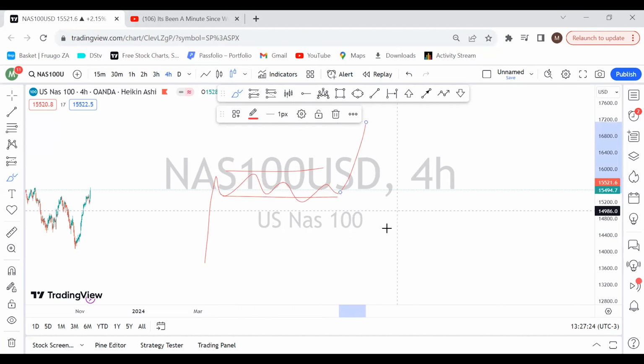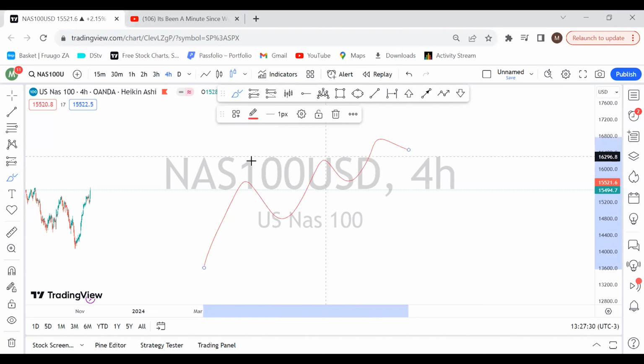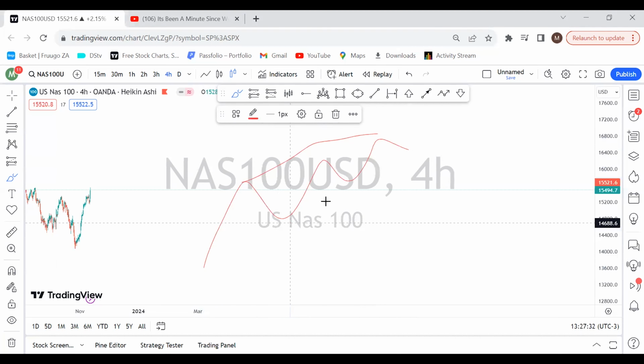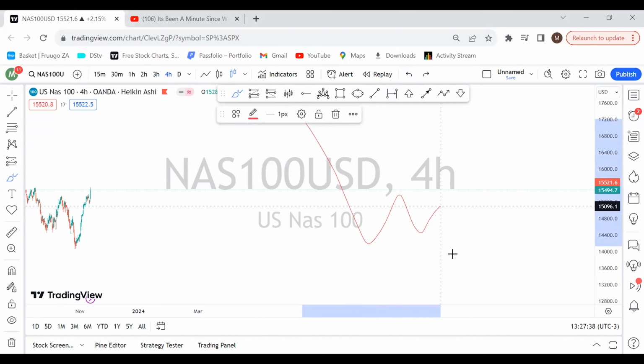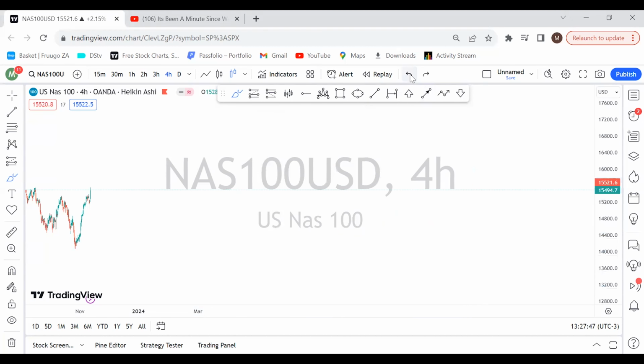And then the second, reversal correction. The reversal correction would look like an ascending structure where it reverses and then goes the opposite direction. And same thing as the one that goes down, the descending reversal to the upside, opposite direction.